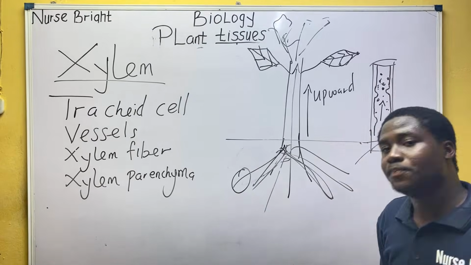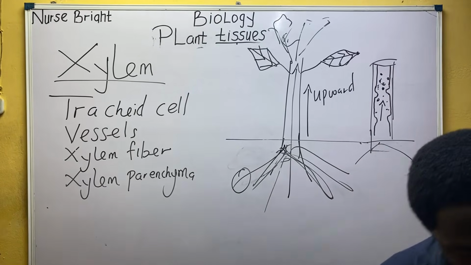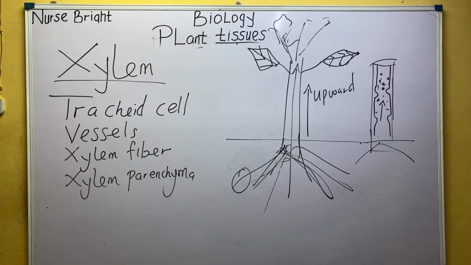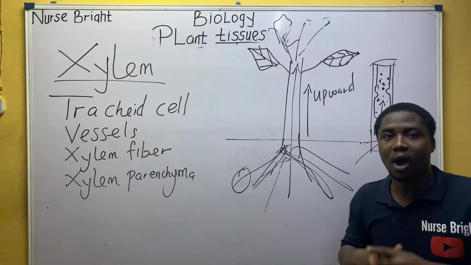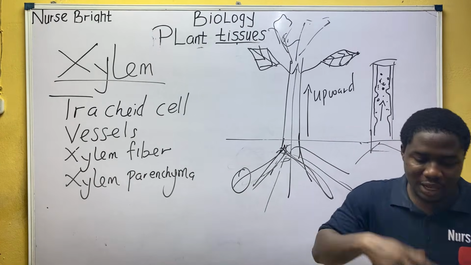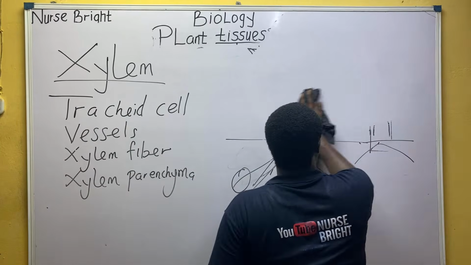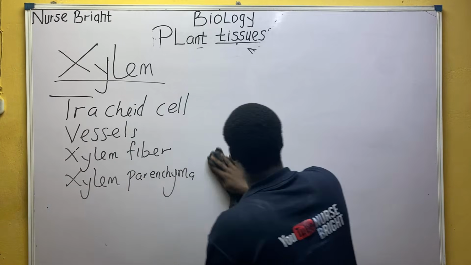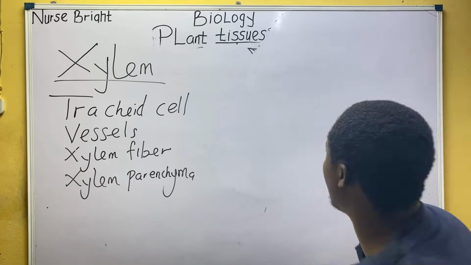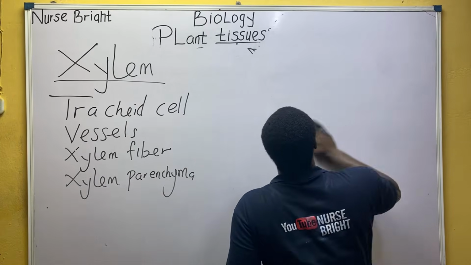I want us to be able to use all this knowledge to tackle questions on plant tissues in general. So let me wipe this part and quickly draw the diagram of xylem tissue. Xylem is for transport of water and minerals, but food is phloem.